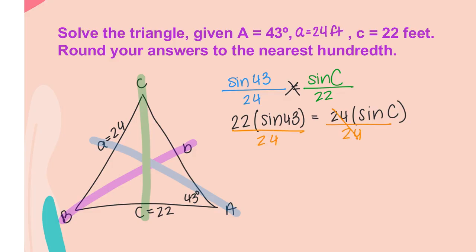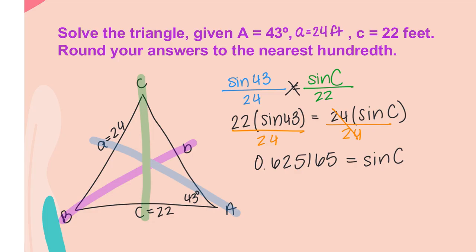Okay. Before I move anything over, I'm just going to go ahead and solve this on my calculator. So go ahead and plug it in. If you plugged it in correctly, I'm going to write it as 0.625165. I'm not going to round it until the very end. So I'm going to make sure I write a lot of extra digits.